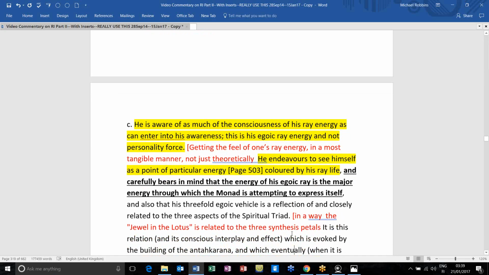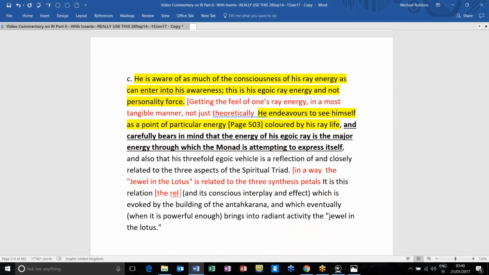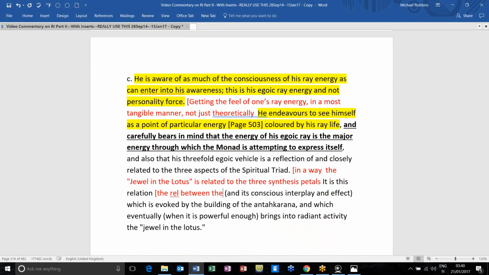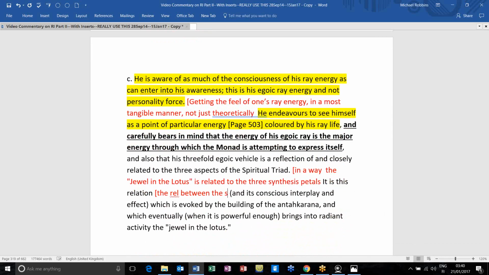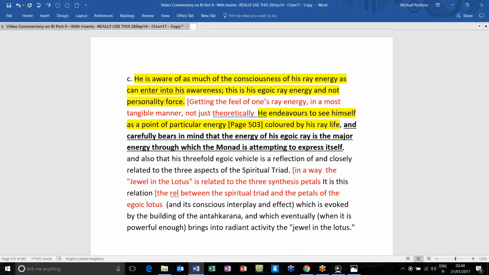So it is this relation and its conscious interplay and effect which is evoked by building the antahkarana. So this relation is evoked, the relation between the spiritual triad and the petals of the egoic lotus.